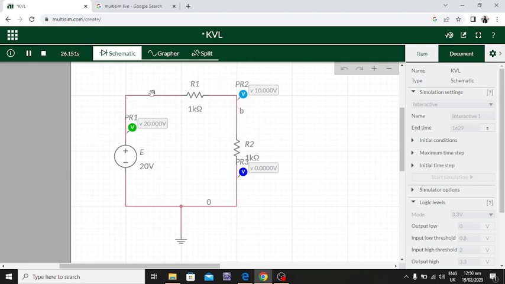So potential rise is equal to the potential drops. This is what Kirchhoff's voltage law tells us.